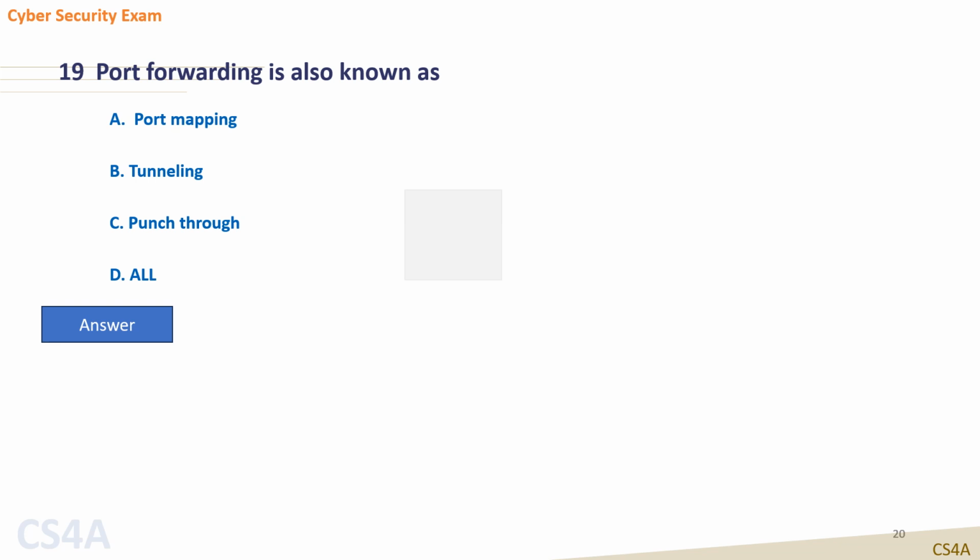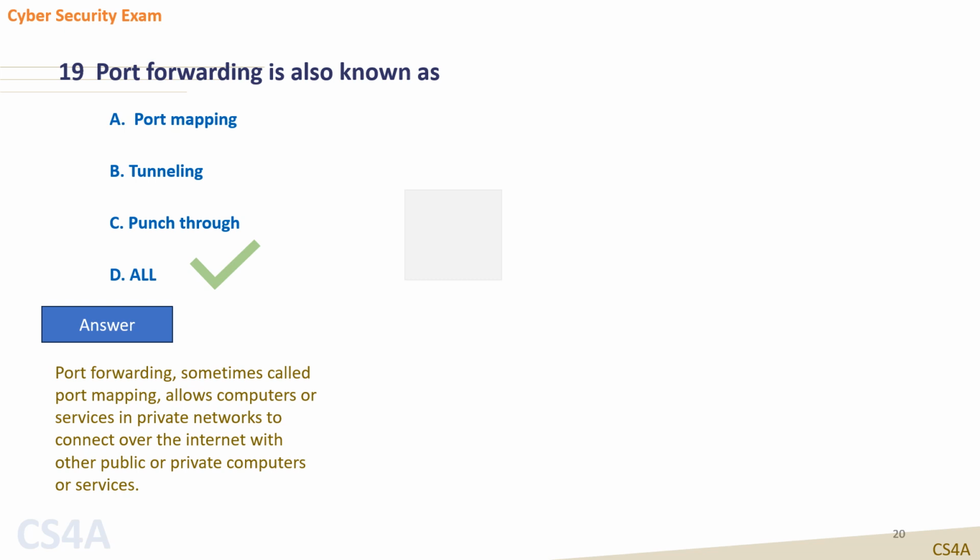By default, the local computers connected to the internet service provider are not directly accessible from public devices. If we enable port forwarding and let a port be enabled, through that port the outside public computer can connect to the private computers. And option D is the correct one. Port forwarding is also known as all of the three.